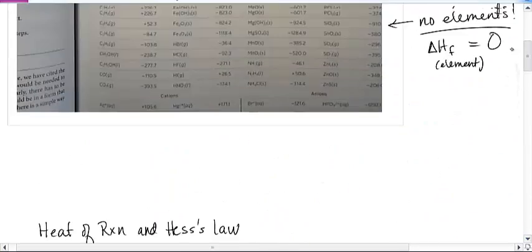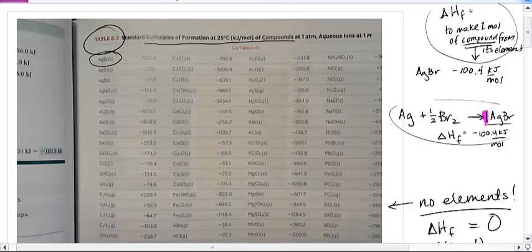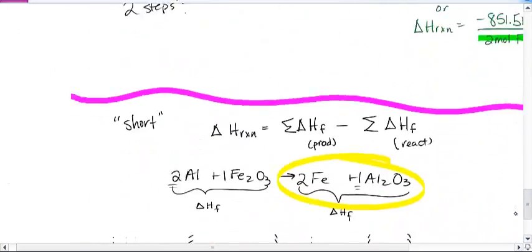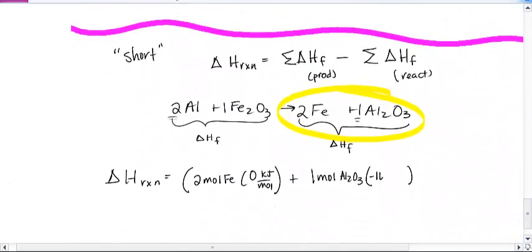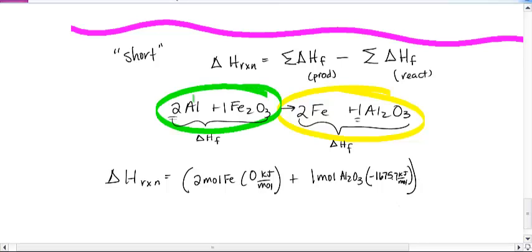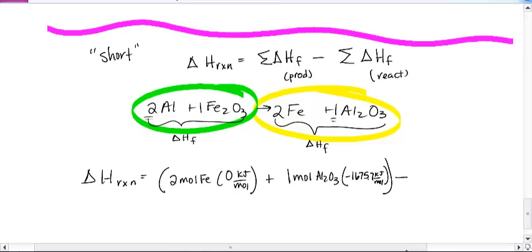So, let's scroll up. There it is, somewhere up here. Al2O3, I know it's hard to read. Negative 1675.7 kilojoules per mole. And that takes care of my products. Now I'm going to do the same thing, but I'm going to subtract for my reactants.